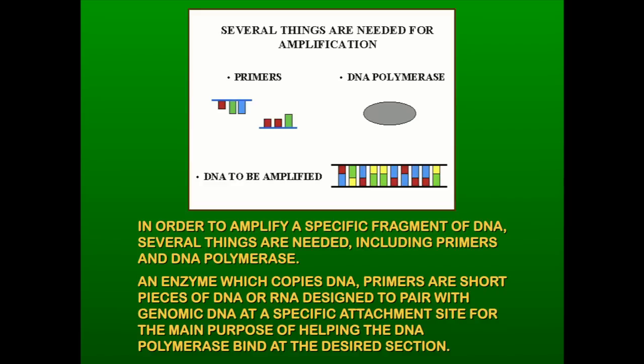I guarantee you that if I put you in boiling water, you're not going to feel like replicating your DNA, but these organisms are capable of doing this, and this polymerase will function then at high temperatures, and the DNA to be amplified.